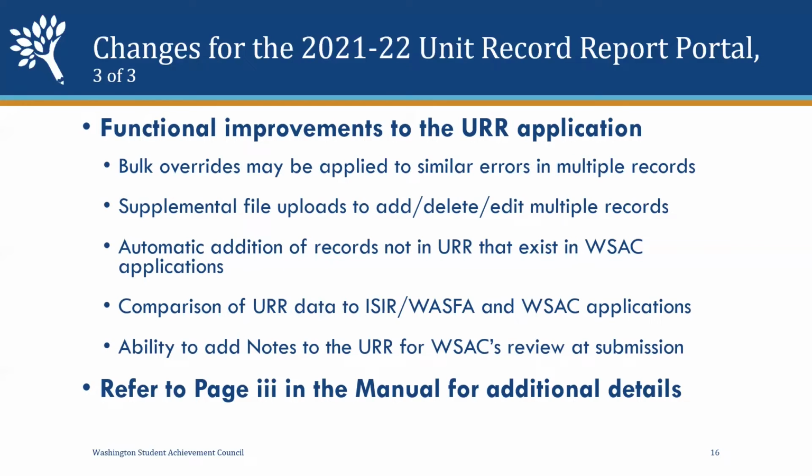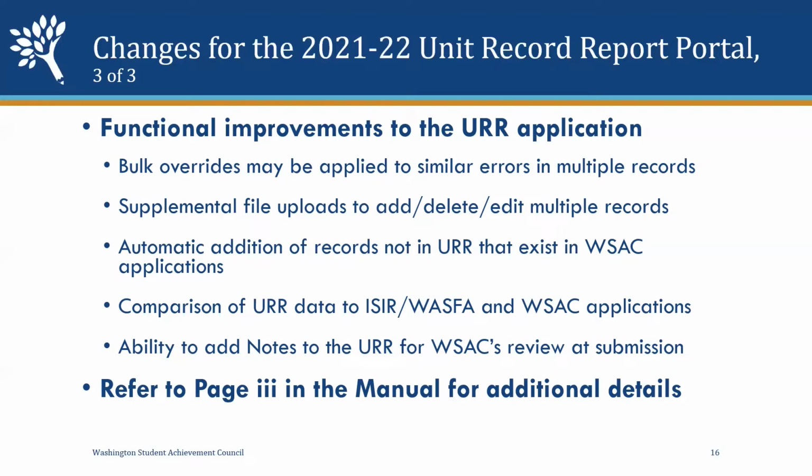So, functional improvements to the unit record application. I hope you all will get as excited about this as Ann and I are. We think these are pretty nice changes in the functionality. Bulk overrides may be applied to similar errors in multiple records.